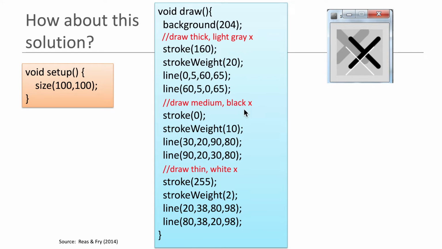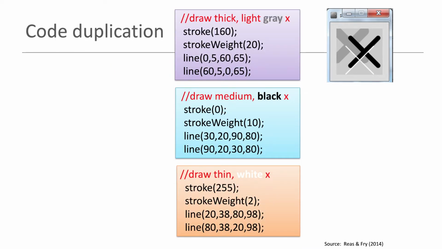So we've got additional 4 lines for the black X and another additional 4 lines of code for the white X. And this is all happening in the draw method. The problem with this is we've got a lot of duplication. So if you look at all of these, we're changing the stroke weight, the line, because we're drawing 2 of them. But that process is repeated every time.